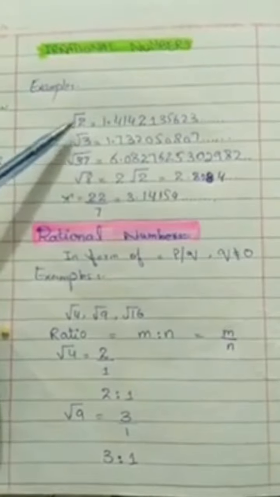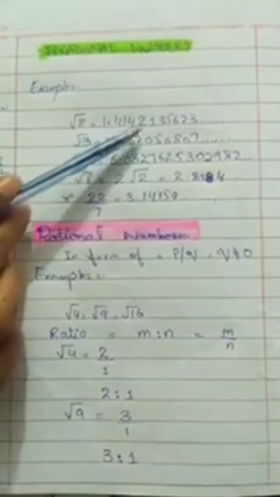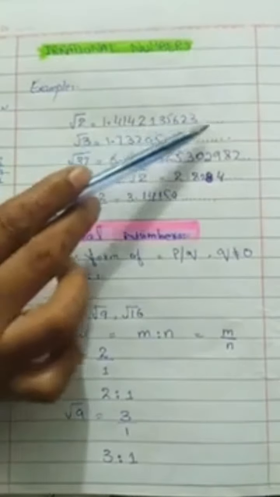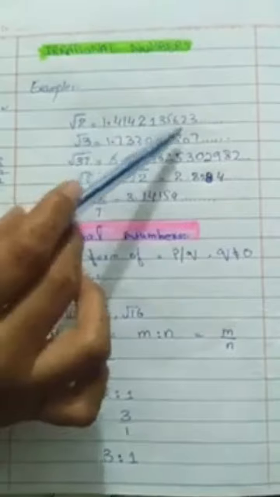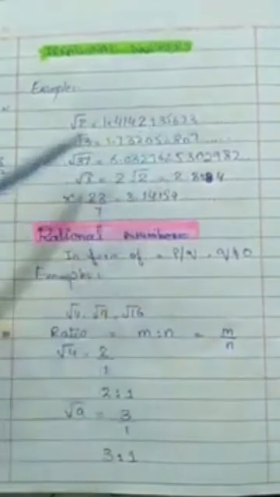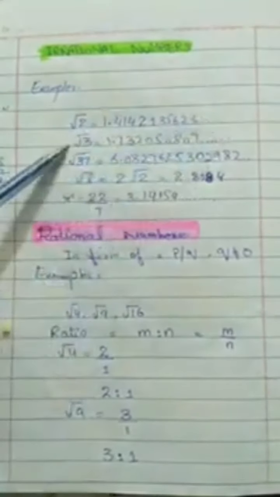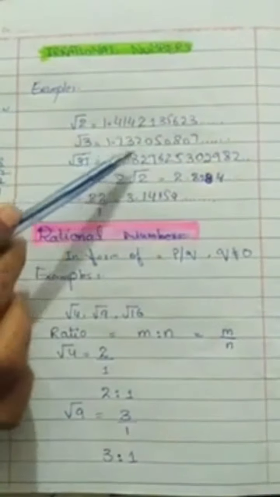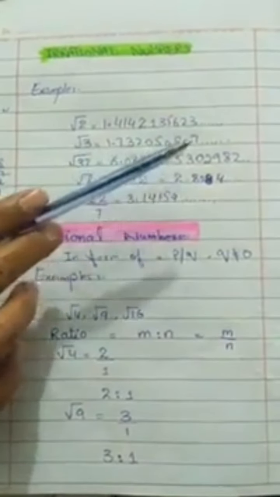For example, under root 2 equals 1.4142135 and so on, infinite. It means that this is an irrational number, because this is not written in the form p by q and this is an infinite value. Under root 3 equals 1.7320508 and so on.